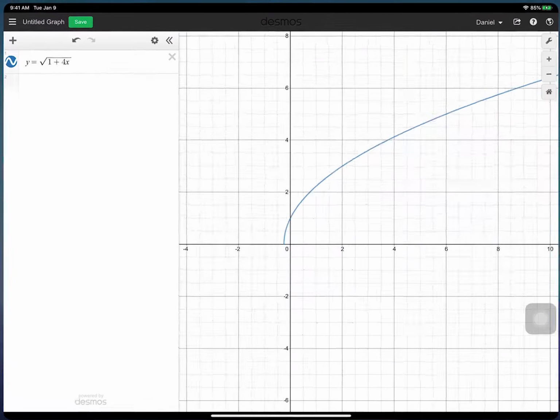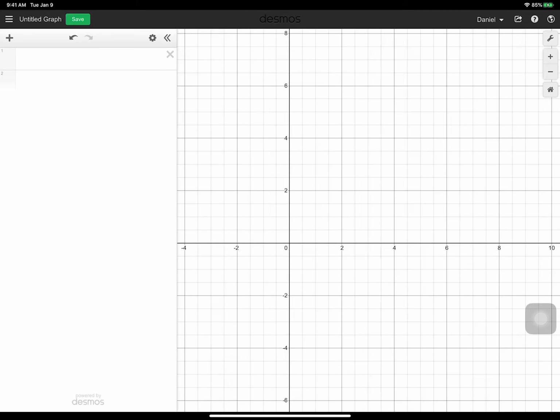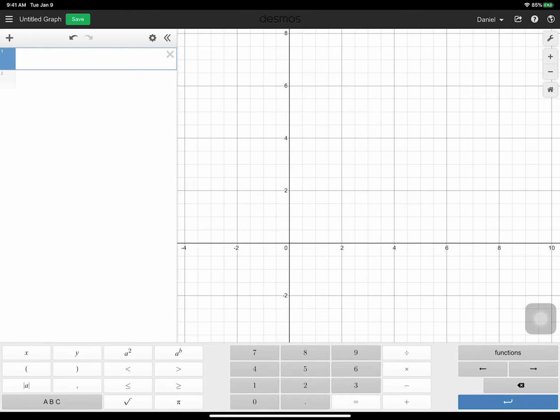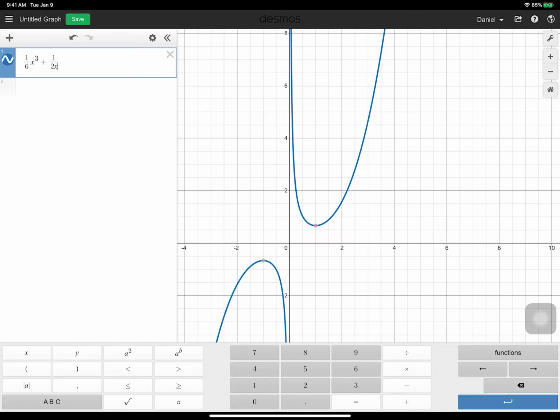So to show you that particular curve, 1/6 x cubed plus 1 divided by 2x. And this is for x is 1/2 to x is 1 here.